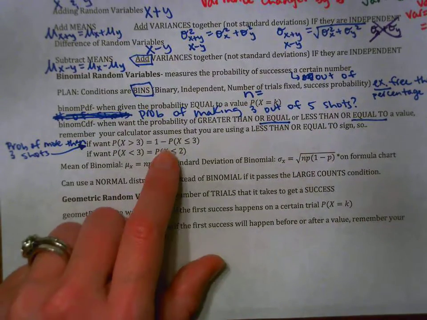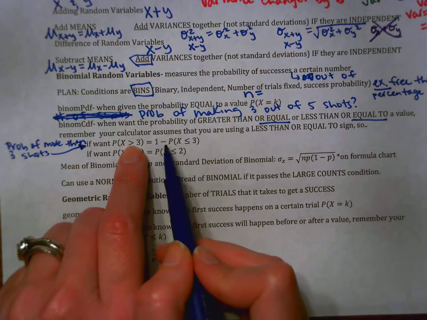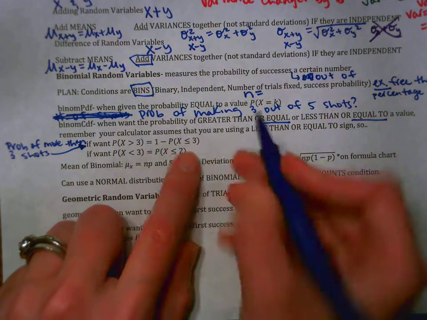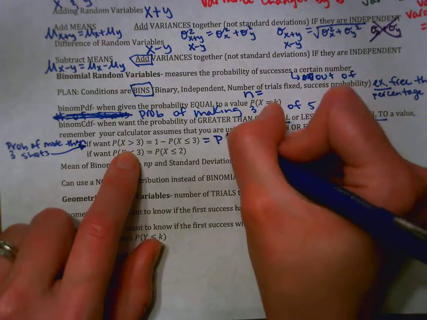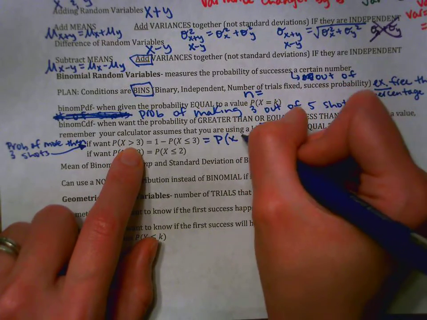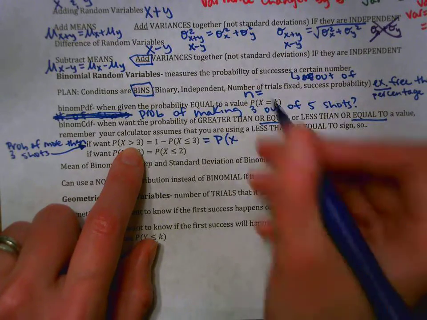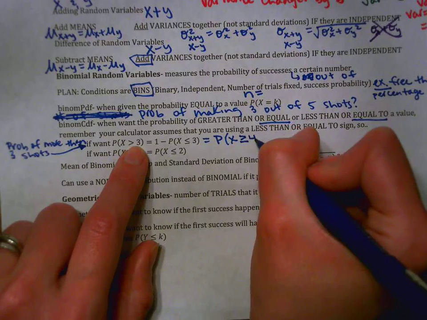So you could either do 1 minus the probability, because if it's greater than 3, then that's 1 minus being less than or equal to 3, the opposite. Probably the easier way is to think about it: if your x is greater than 3 and it's discrete, you can't be in between, so you jump up to the next option, which is greater than or equal to 4.